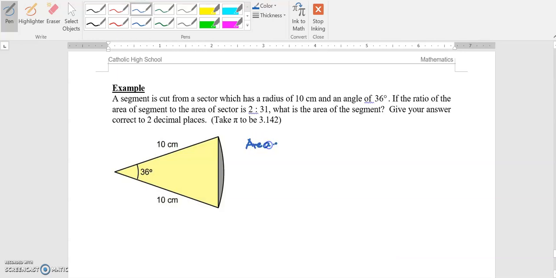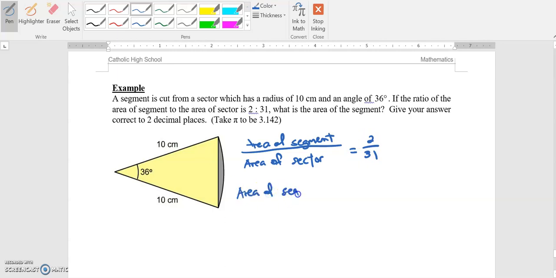We know that area of segment over area of sector can be written as 2:31. To calculate area of segment, I know it is 2 over 31 multiplied by area of sector.